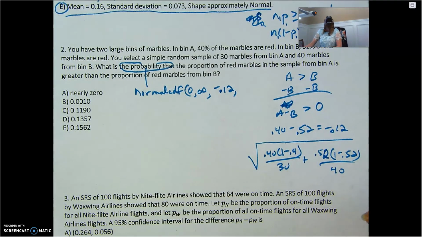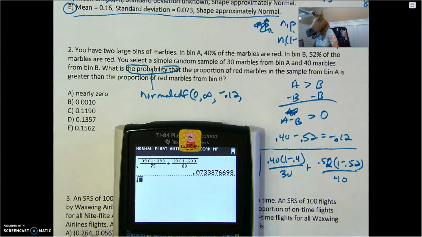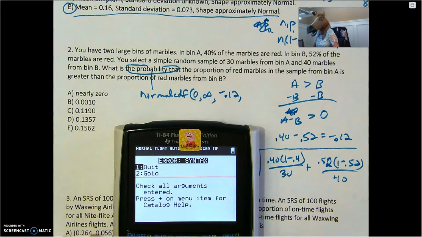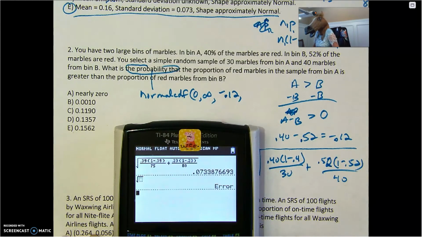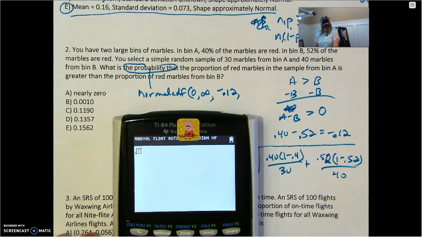All right, grab that T.I. Joe. We've got a giant square root. And I can't see. Let's try that again. Can you see? Yes, you can see.